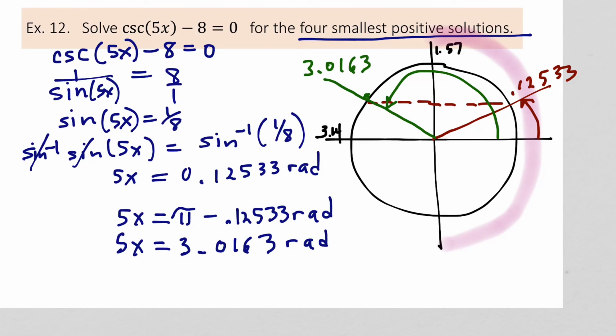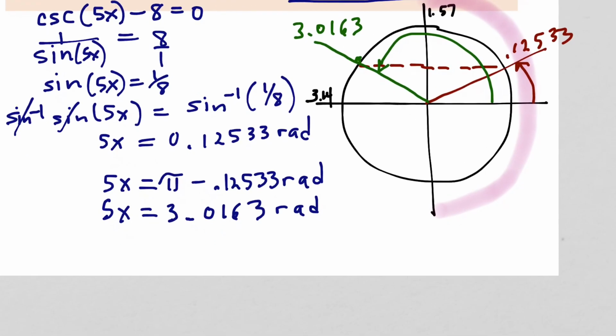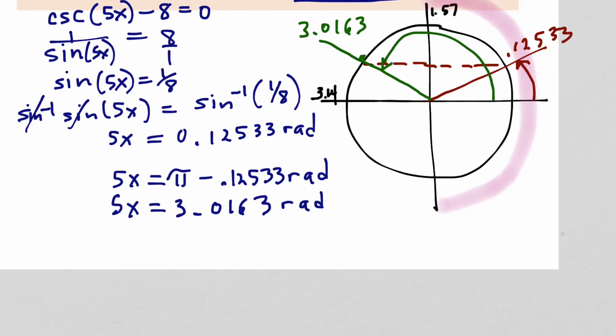All right. So we're asked for the 4 smallest positive solutions, and we know there are 10, so we're not going to figure out all 10 of them. So we're going to get the 4 smallest by taking the first 2 for each of those angles. Okay? So let's take a look at 5x is equal to 0.12533.